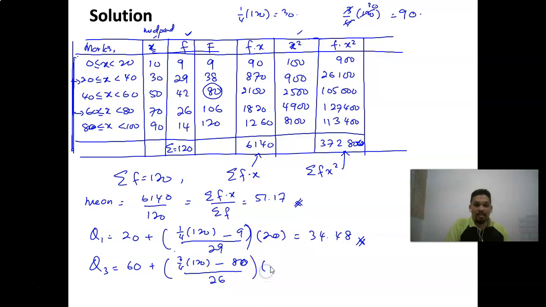And the class size is all the same, 20. Then it equals 67.6.